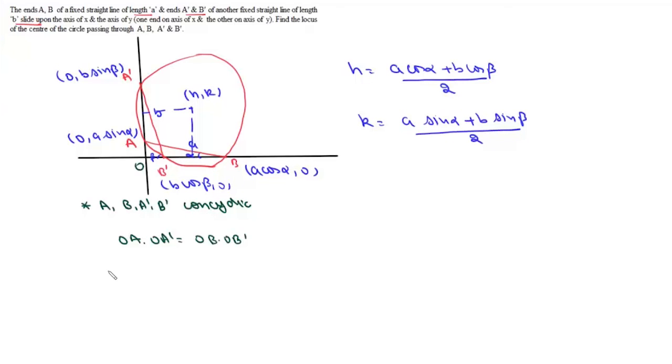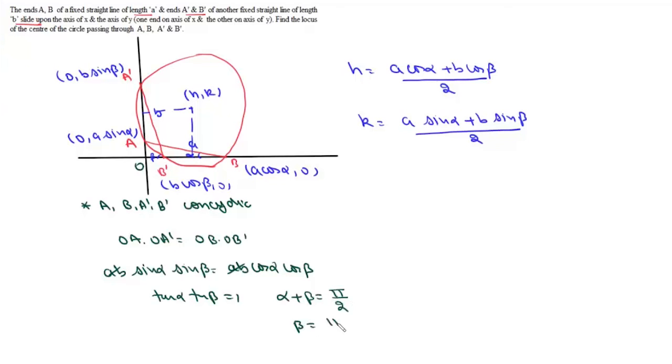That is a b sin alpha sin beta must be equal to a b cos alpha cos beta. That means tan alpha tan beta must be 1. That means alpha plus beta must be pi by 2. So we can write beta as pi by 2 minus alpha.